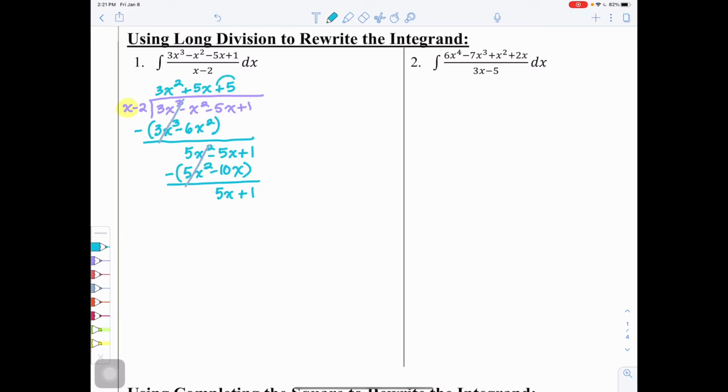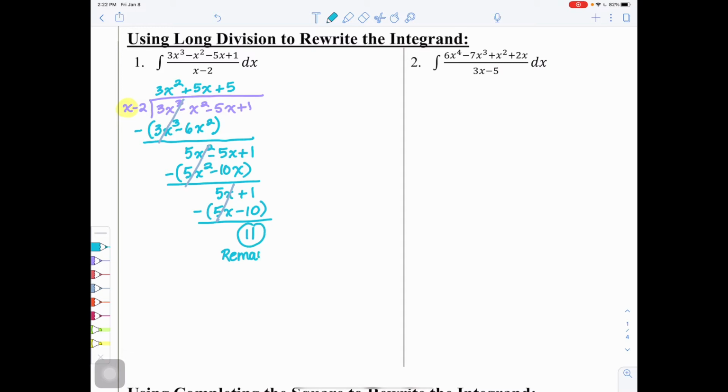So now we multiply 5 by x minus 2, and that would be 5x minus 10. Same method, subtract the entire expression. 5x minus 5x leaves nothing. We planned it that way. And 1 minus a negative 10, 1 plus 10, leaves us with 11. Now, 11 is what we call the remainder.